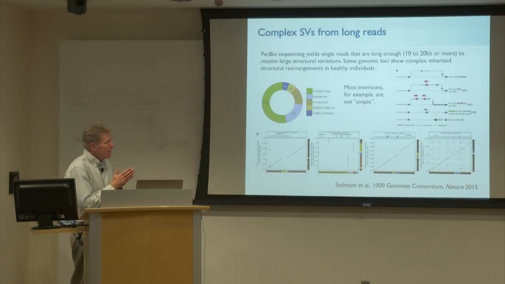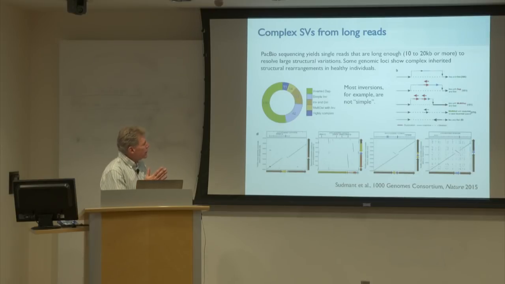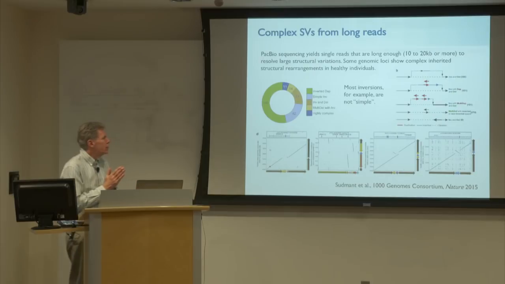I also want to highlight that another thing that long reads have revealed is that occasionally there are complex rearrangements in humans. Sometimes there are parts of the genome that are inverted. It turns out that a lot of the inversions get associated with more complex rearrangements where there are places of the genome that will be duplicated, or a little local shuffling of the genome.